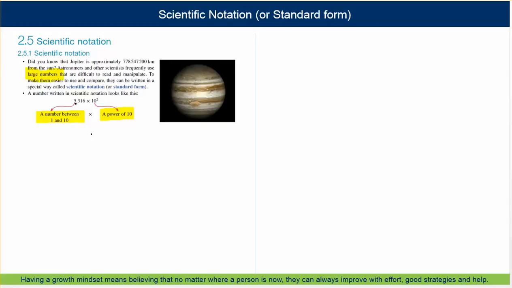So this actual number here, we can write it out. 5.316 times 10 squared, well, 10 squared is just 100.